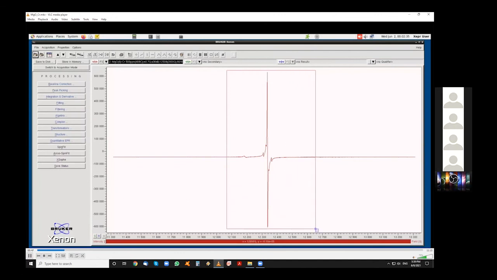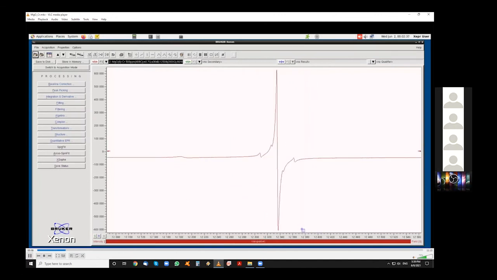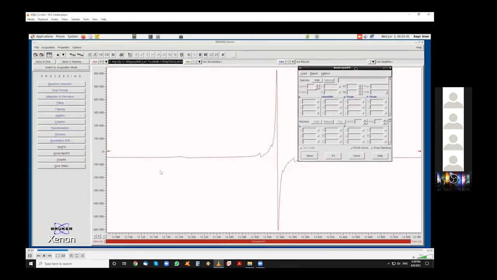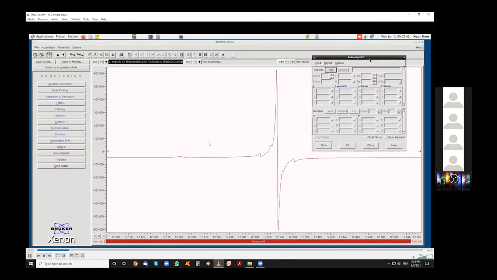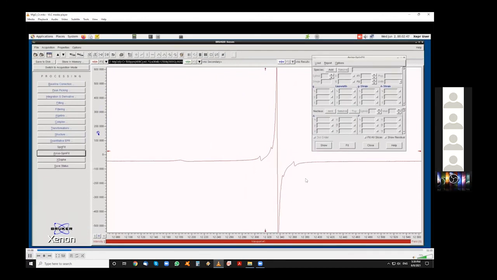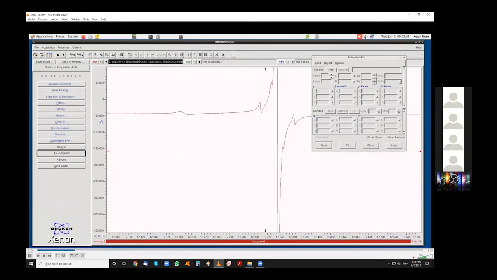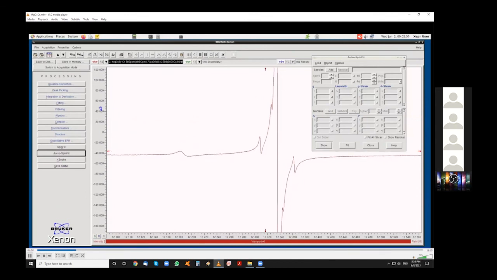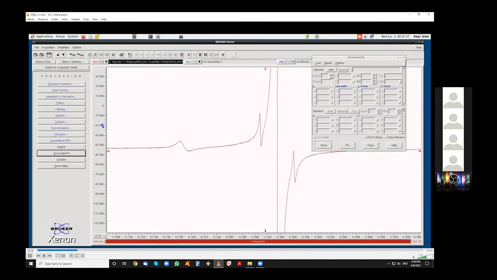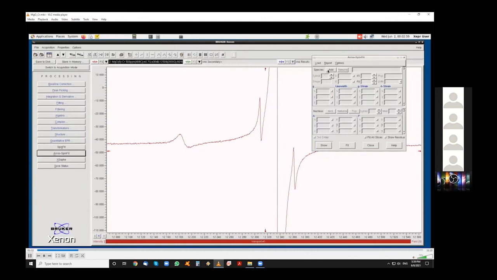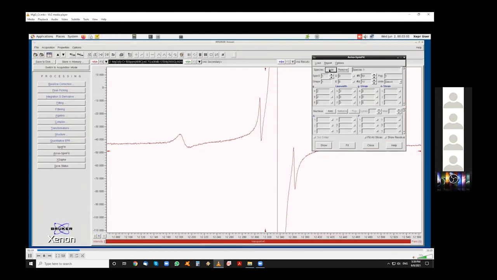So we will start our simulation using 3 centers, one corresponding to this line at the low magnetic field, and the other 2 centers corresponding to the intense line, one center without the nuclear spin, so with the nuclear spin 0, and the other one with nuclear spin 3/2.